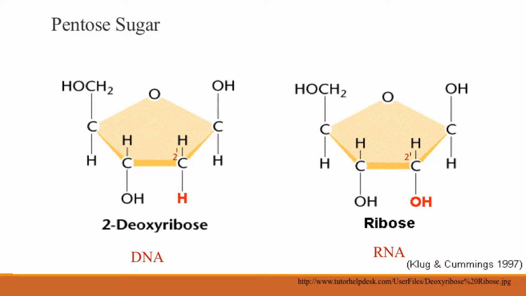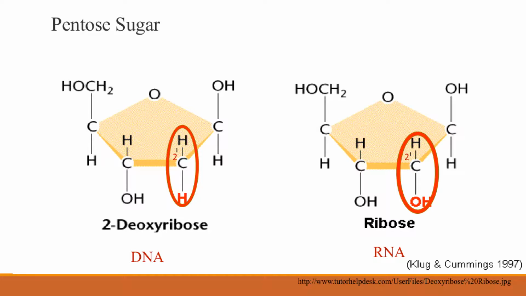You can also see the nitrogen attached to the rings. Now the second component of the nucleotide monomer, that is the pentose sugar. There are 2 types, 2-deoxyribose and the ribose. It is a pentose sugar because it has 5 carbon atoms. Always remember the carbon atoms are numbered in a clockwise direction. If you look at the second carbon atom in the ribose sugar, you will see that there is an OH group or a hydroxyl group.